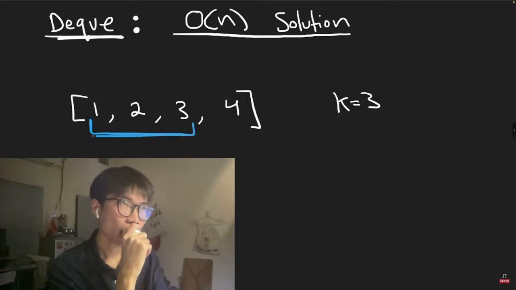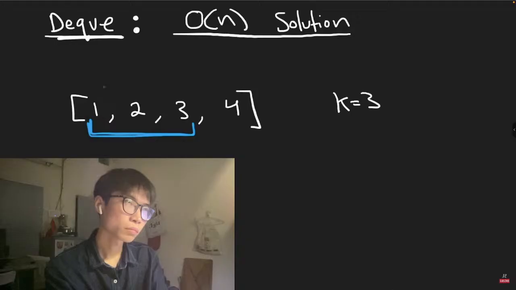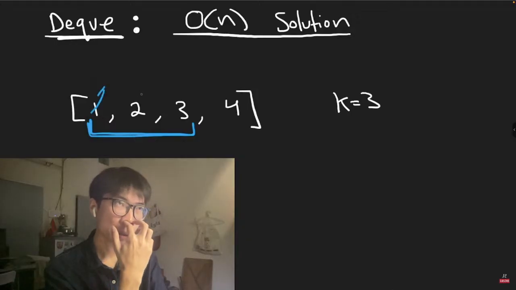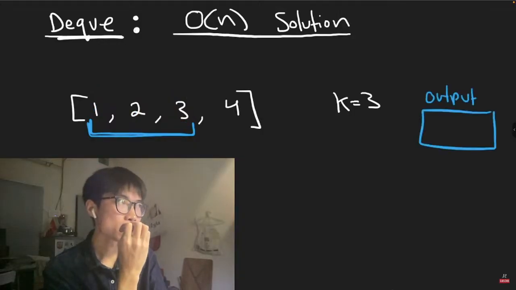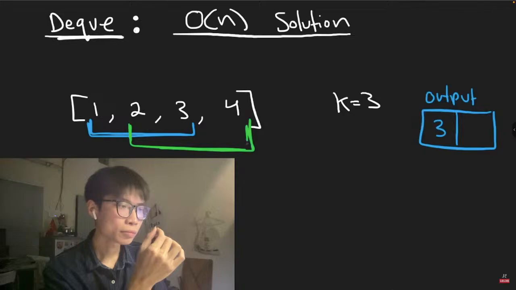We have 1, 2, 3. We see that 2 is greater than 1, and 3 is greater than 2. Now that's good. And so we scan through every element. 1's not the max, 2's not the max, 3 is the max. So in our output, for the first value, we're going to put a 3. Now we shift our window to the next position.